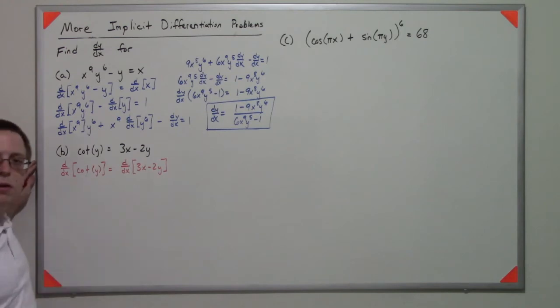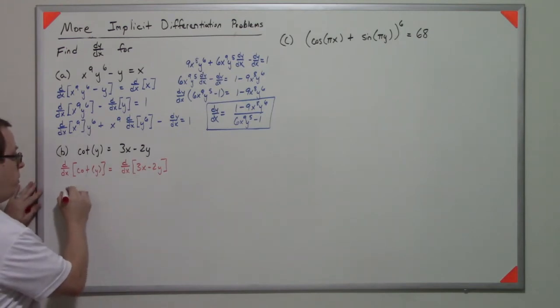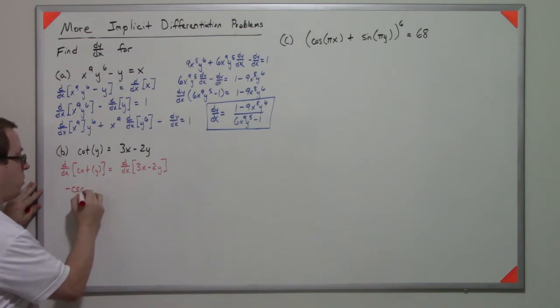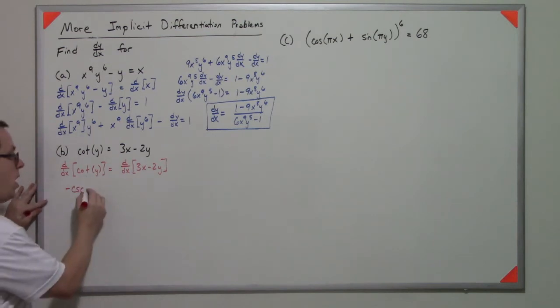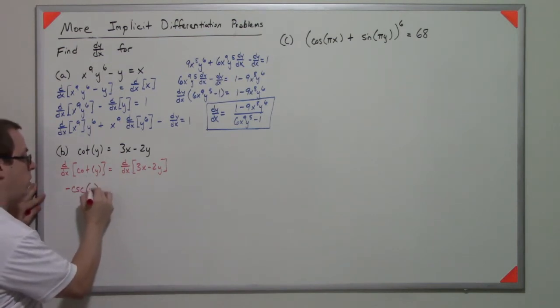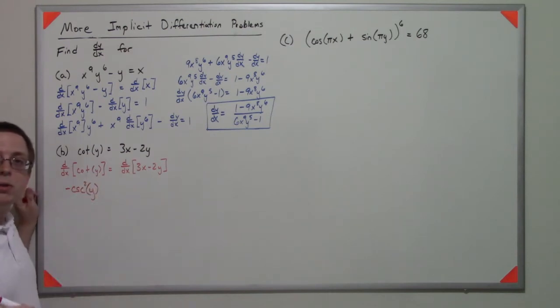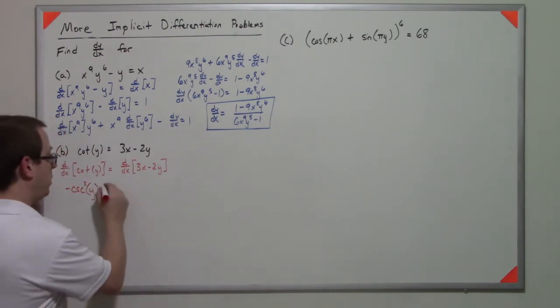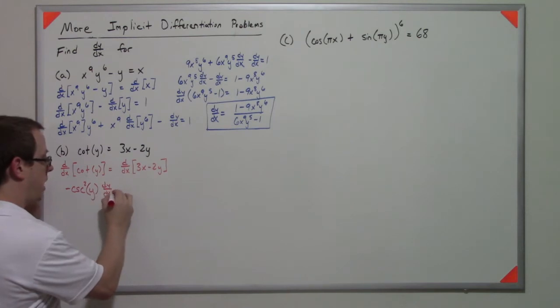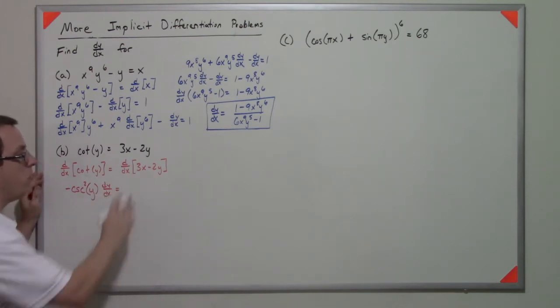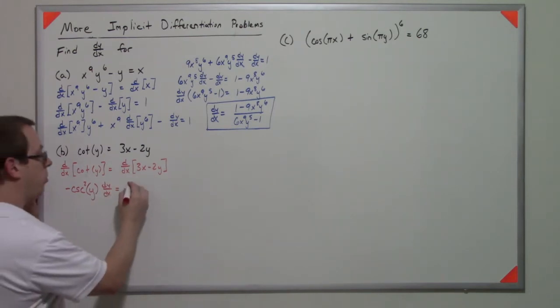Now the derivative of cotangent. Now if it was cotangent of x, the derivative would be negative cosecant squared x, but it's not x, it's y. So it's negative cosecant squared y dy dx. Now over here, we're going to split the derivative up.